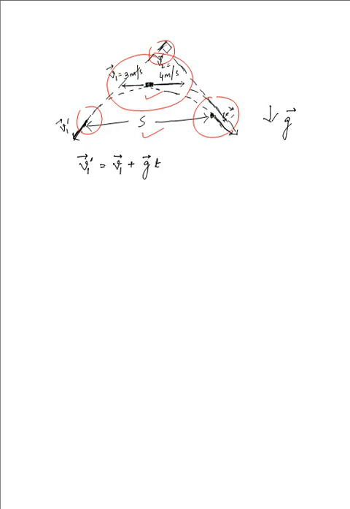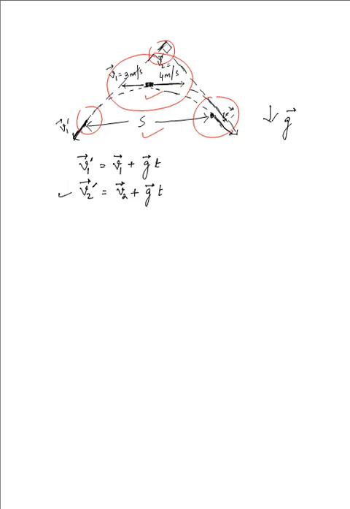In a given time t, it has reached over here, and at the same time the second particle has acquired a velocity v2 dash, where its initial velocity was v2, plus gt. We are using the first equation of motion, v equals u plus at, with u being the initial speed, in this case v1 and v2 for the first and second particle.